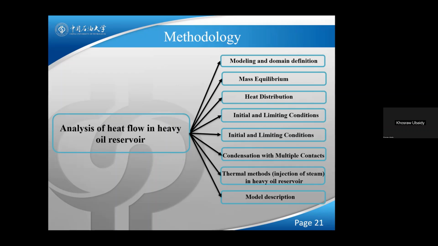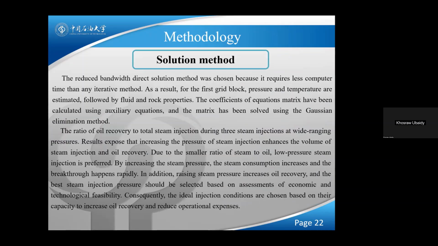We are cooling down the heat in the cooling system, then we're injecting back inside of the reservoir for our ideal hot water and steam quality. And this is the solution method. We reduce the bandwidth, as I already mentioned. We're going to cool down the steam and bring it back to the reservoir.